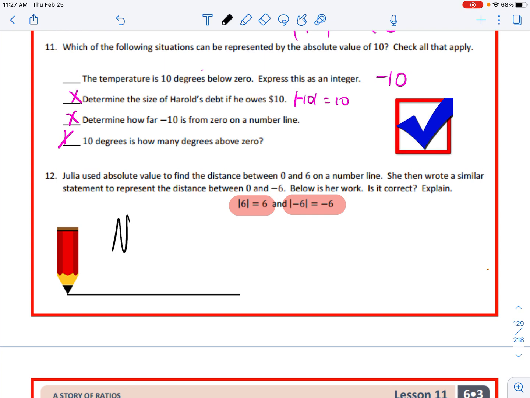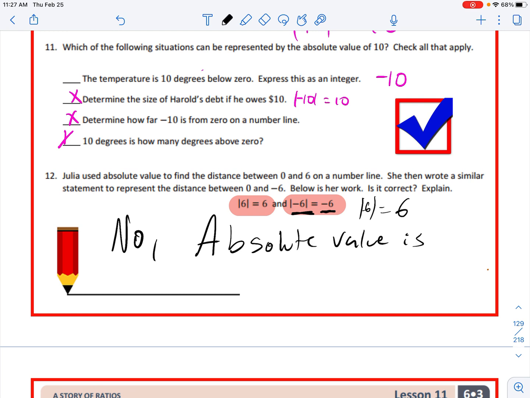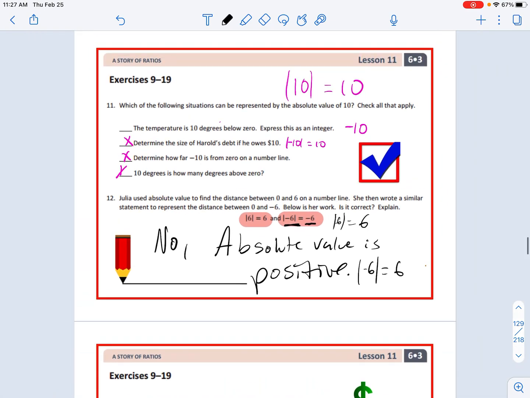She is not correct, because the absolute value of -6 is not -6, because absolute value is always positive. The absolute value of -6 equals 6.